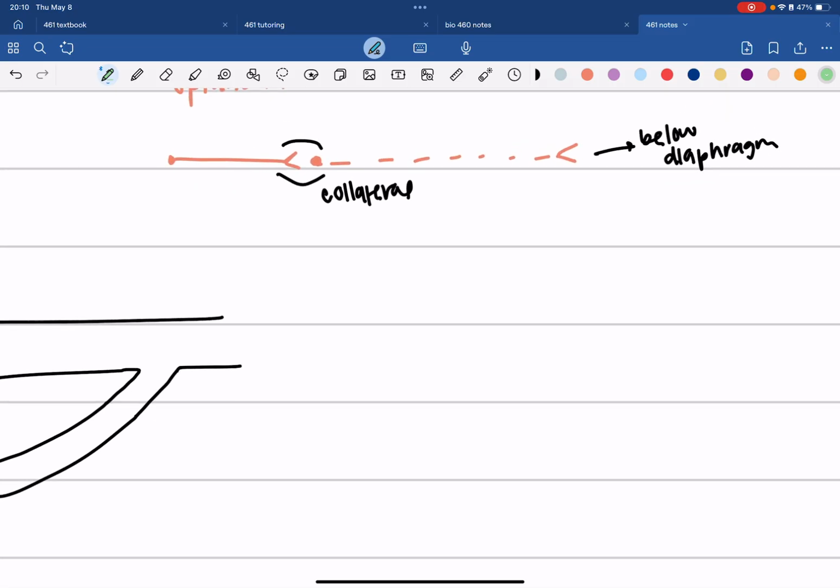Last one here that we have is going to be our adrenal medulla pathway.